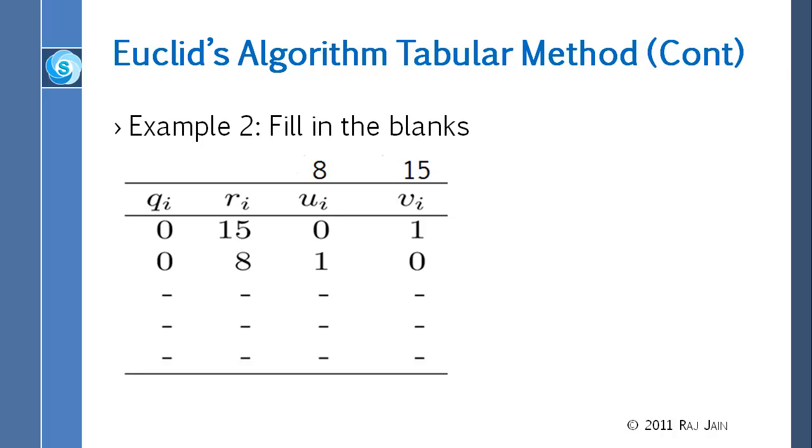Okay, so this row is important, because what this is saying is that 2 times 8 minus 1 times 15 is equal to 1. Right? 2 times 8 minus 15. 16 minus 15 is 1, which is correct, right?